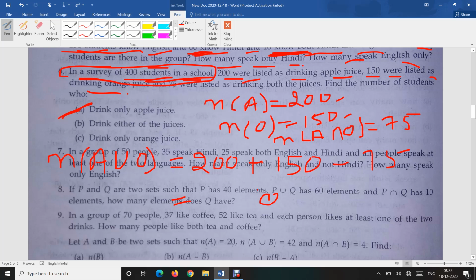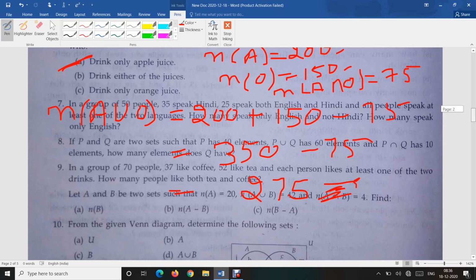It will be 350 minus 75 and it will be 275. That means you can say the number of students who drink either apple or orange juice is 275, and this is also the union portion.